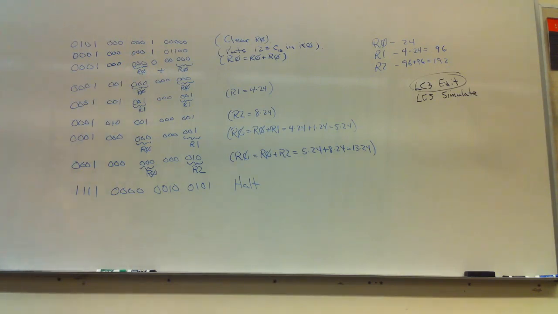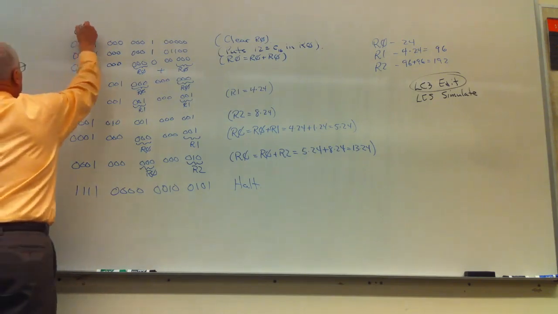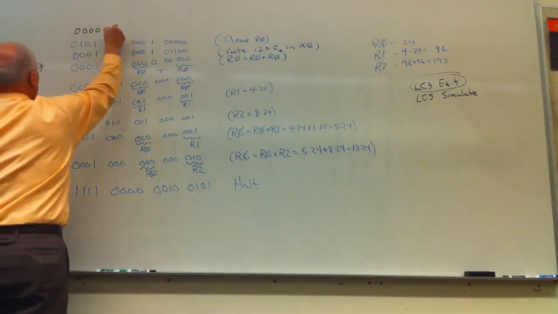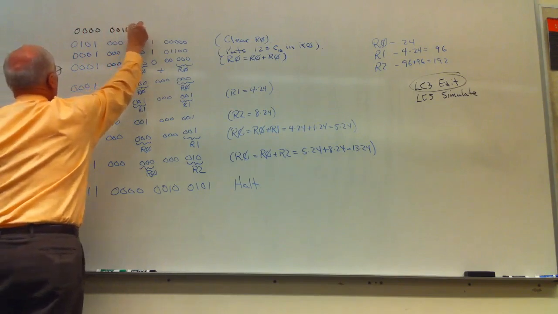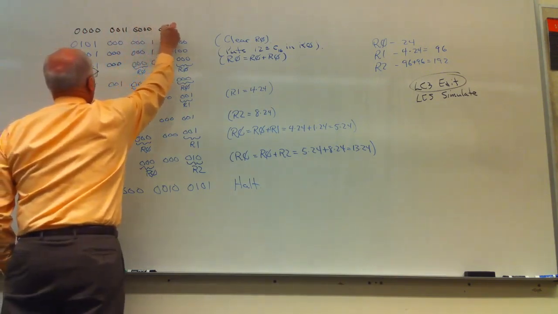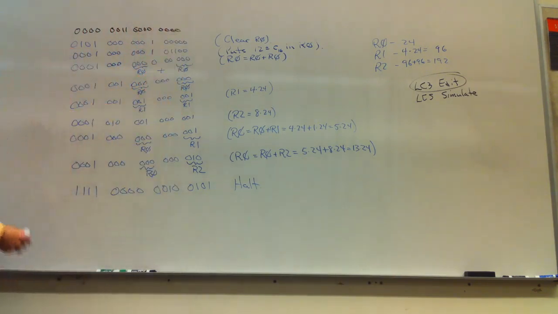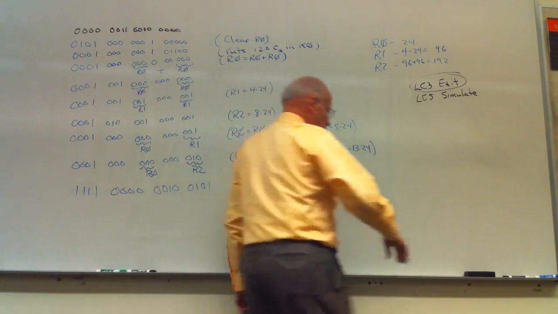So we have to have a starting address up here. The default that the system kind of likes is this one, hex 30, no, not 300, 3000.